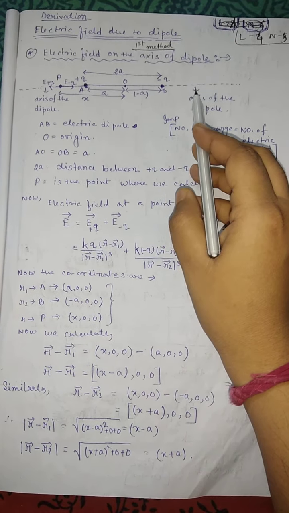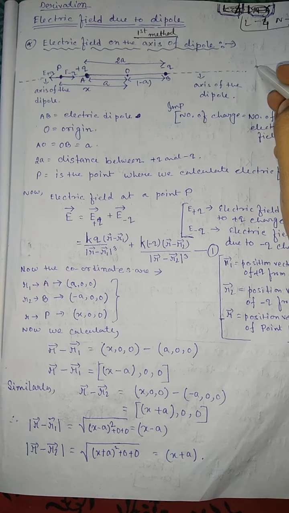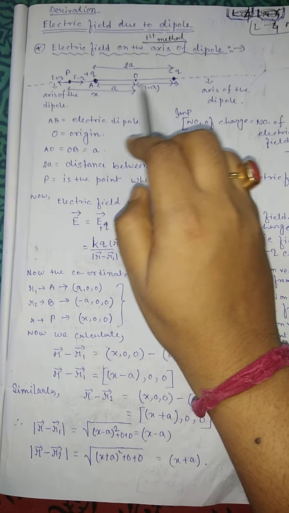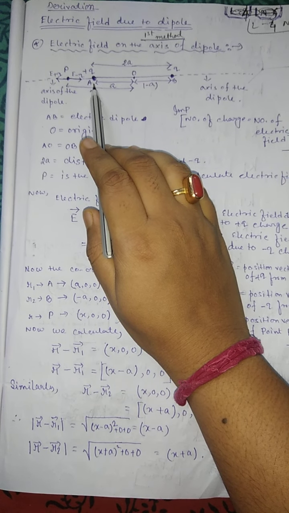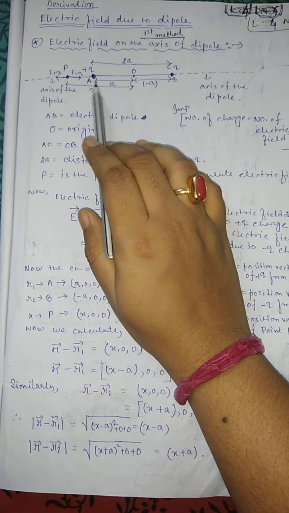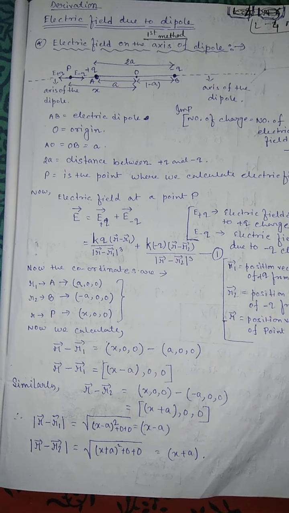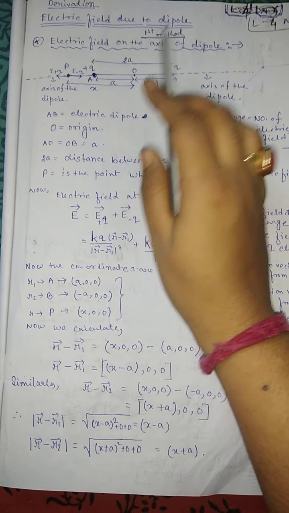Okay, so as we know, we have three axes x, y and z. Here we consider the x-axis. In the x-axis one electric dipole is placed. AB is the electric dipole, with plus q and minus q charges, and the distance between them is 2a.